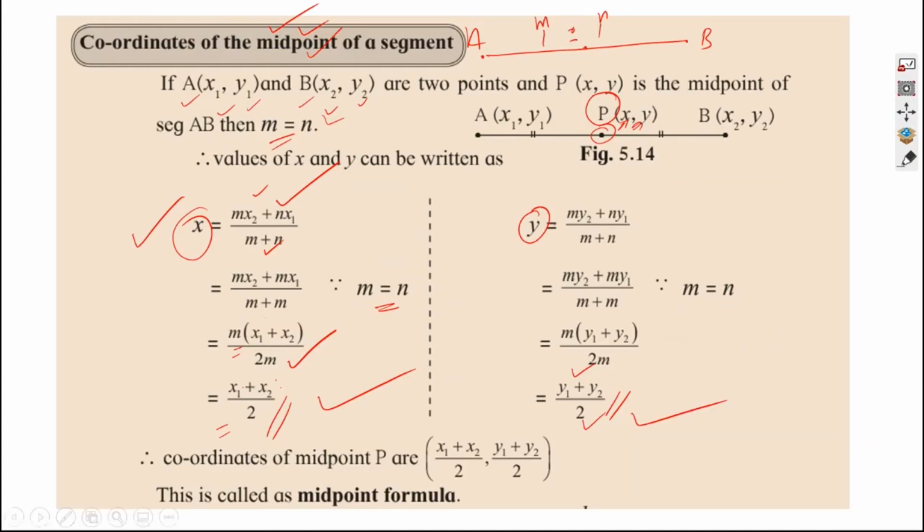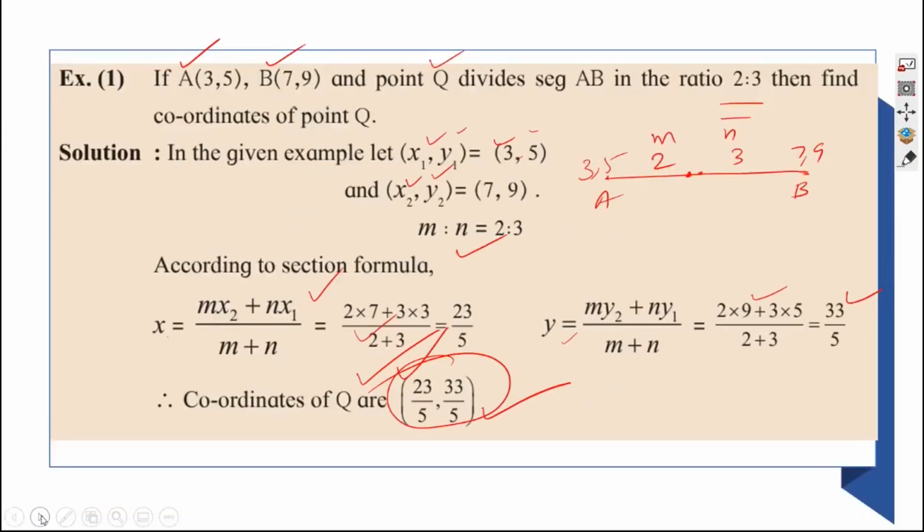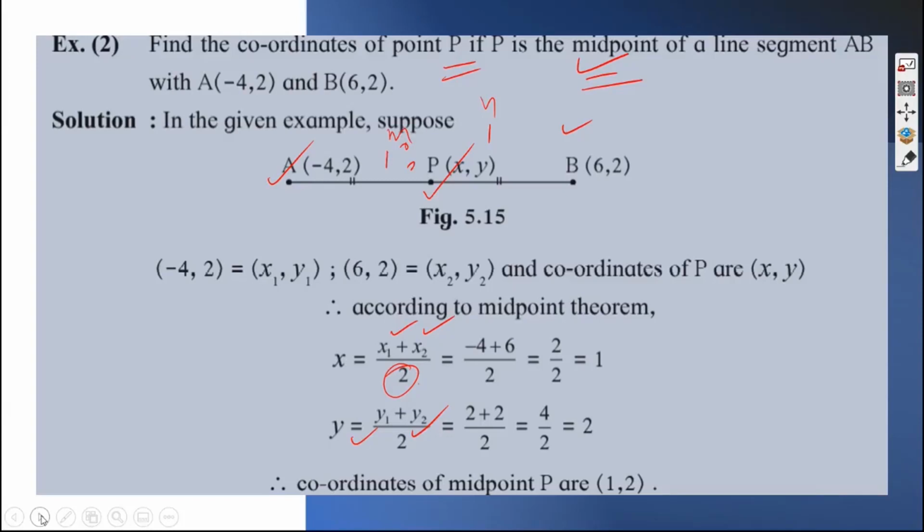In between, the 2:3 example came, so there you have to apply the section formula. Here it is an application of the midpoint formula.